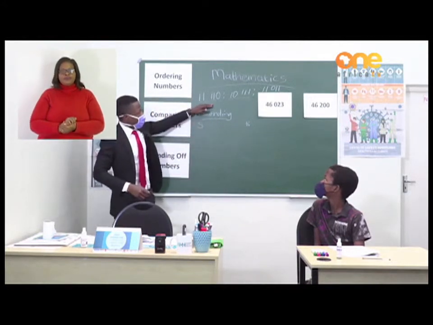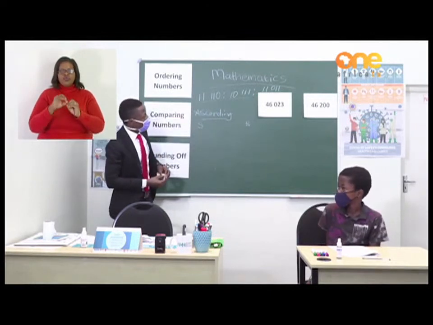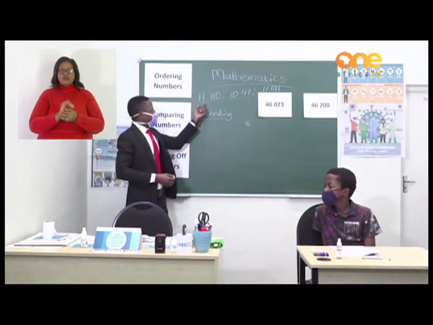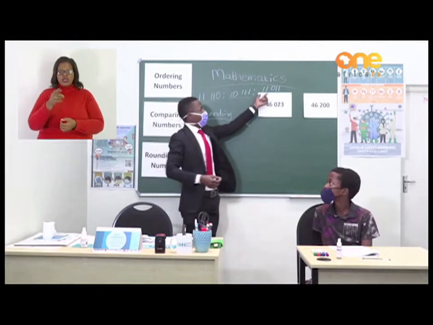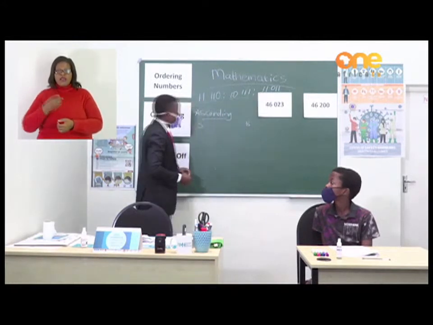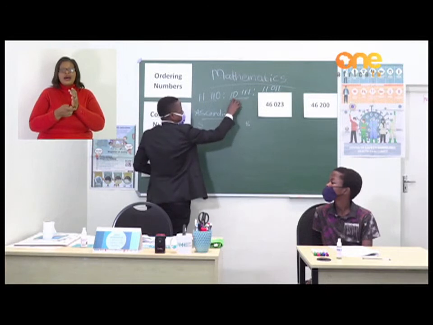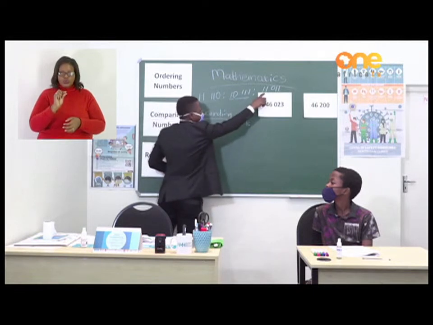So, look at the 3 numbers. Which number could you consider to be the smallest number? Here I'm having 11,000, I have 10,000, I have 11,000. So in that manner, I already know that this number, 10,000, is smaller than 11,000 and 11,000.